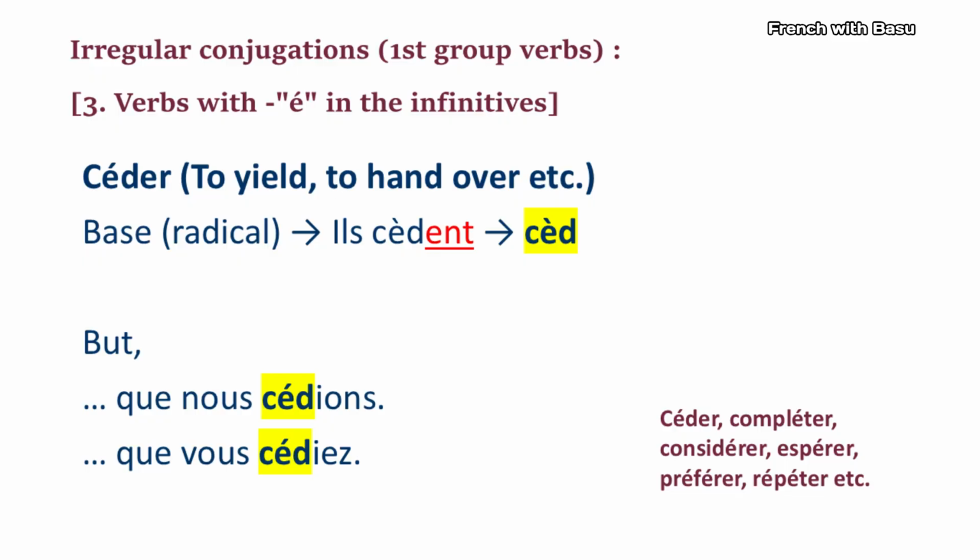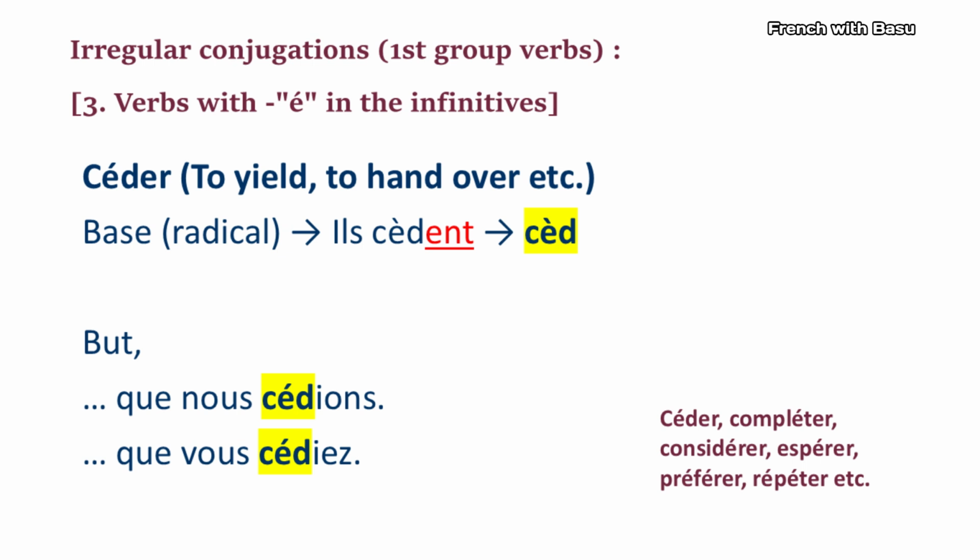Number 3. Verbs with E accent aigu in the infinitive, such as céder, compléter, considérer, espérer, préférer, répéter, etc. change the E accent grave of the third person plural stem to E accent aigu in the nous and vous forms, exactly like it happens in présent de l'indicatif tense.